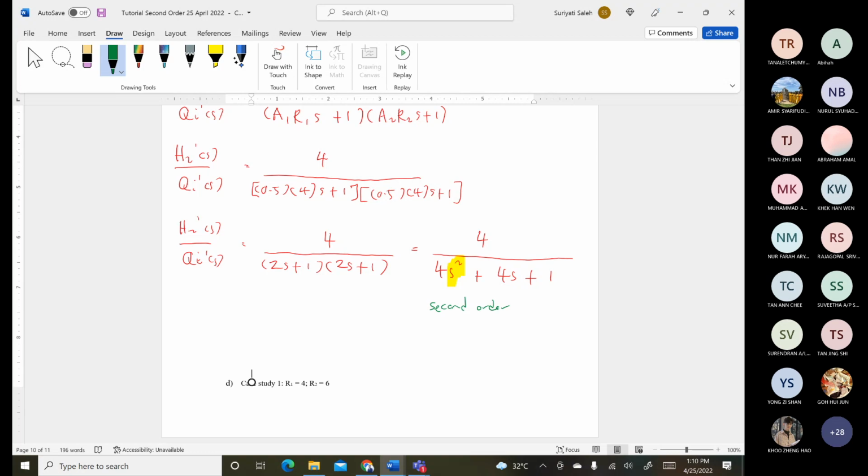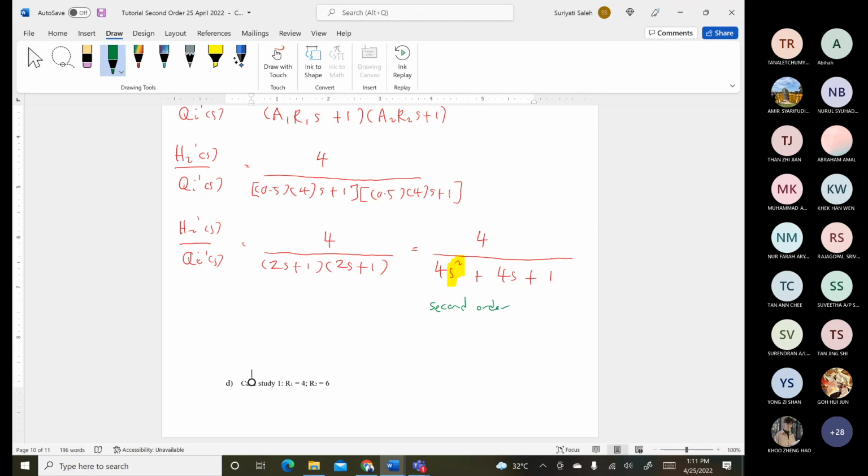That's how you can observe whether the process is first or second order. Just take a look at the highest power of S inside the transfer function. Although you have S power of 2 and S power of 1, we take the higher order, which in this case is 2. So the form should be a second order transfer function.